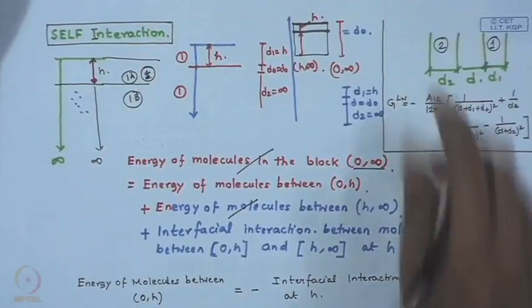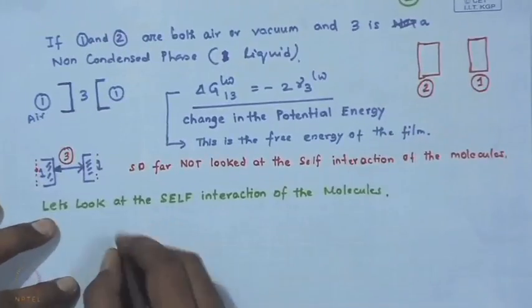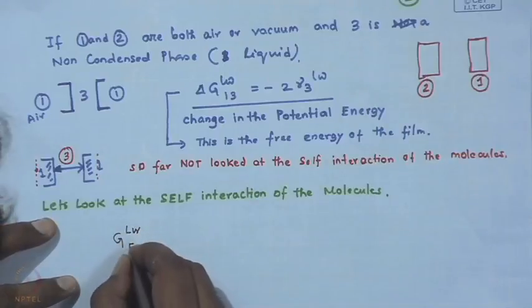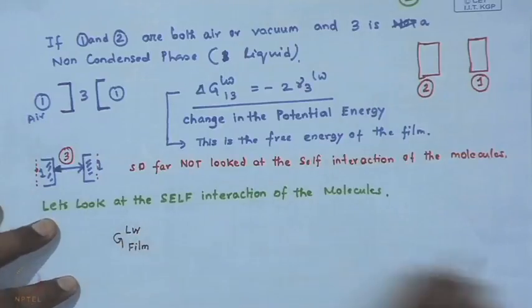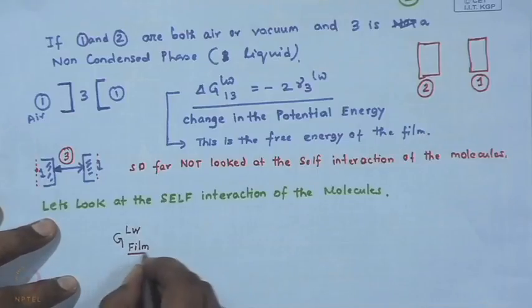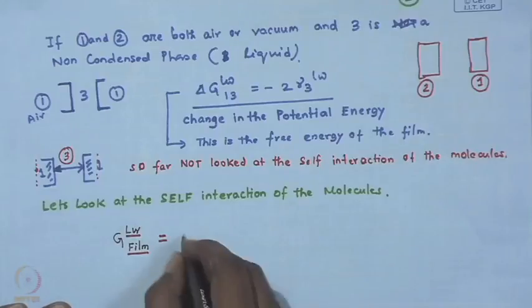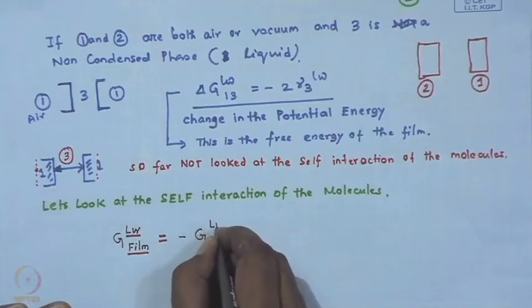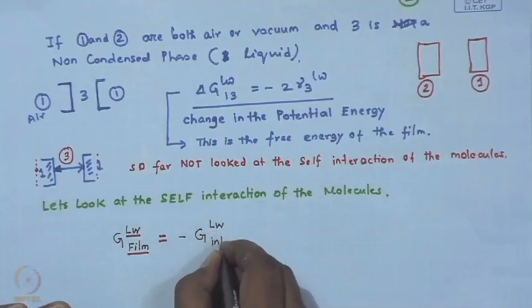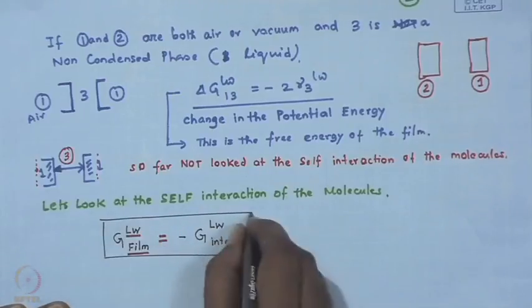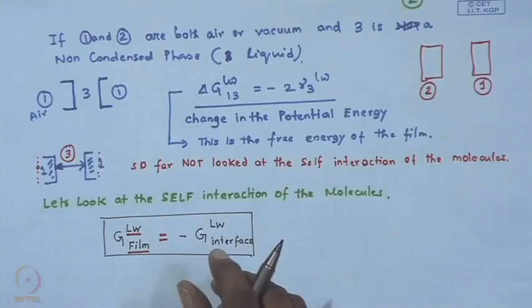Or very simply one can write the G LW, the potential energy of interaction of the film based on van der Waals interaction. So, G LW film is equal to minus G LW interface. Okay. So, this one can write.